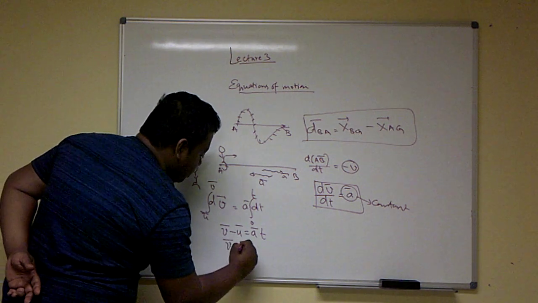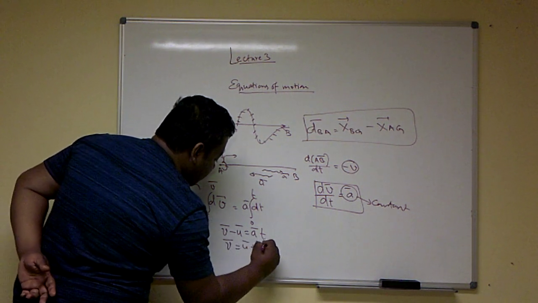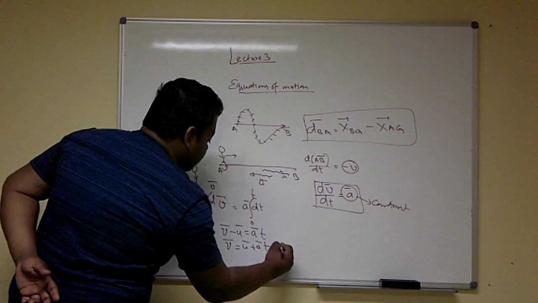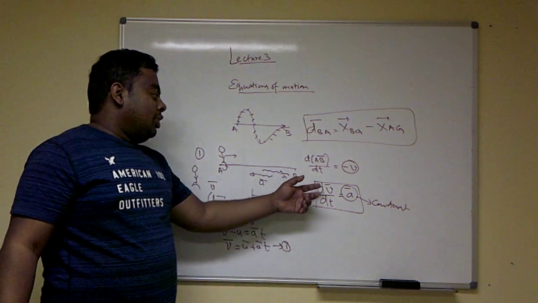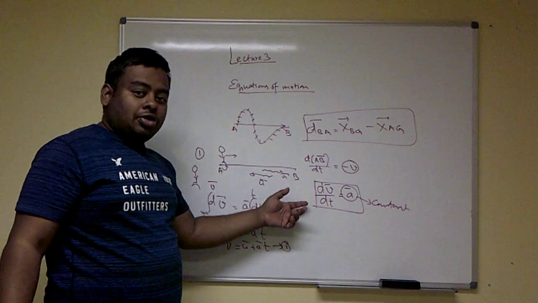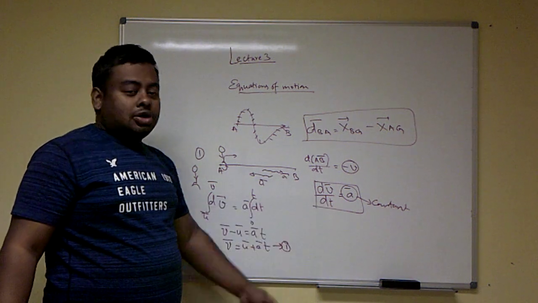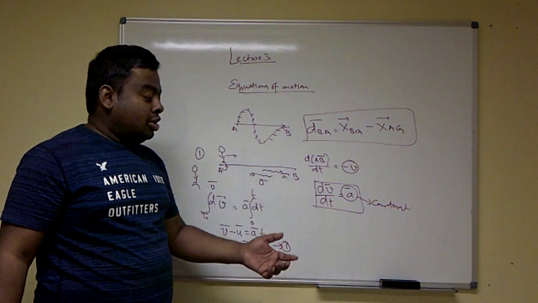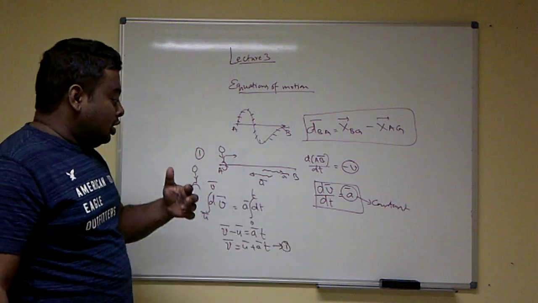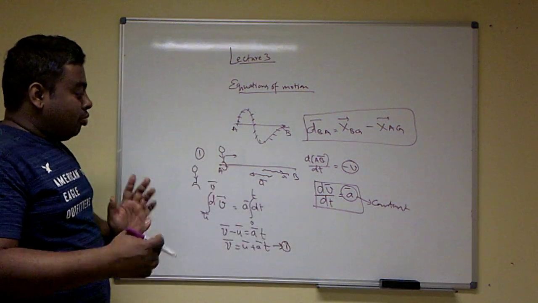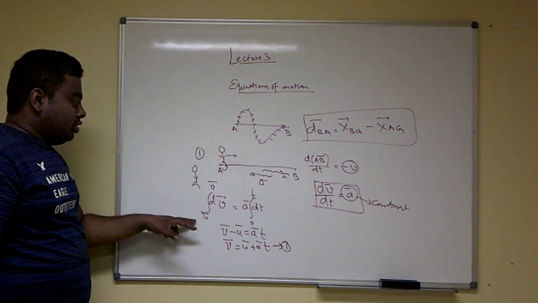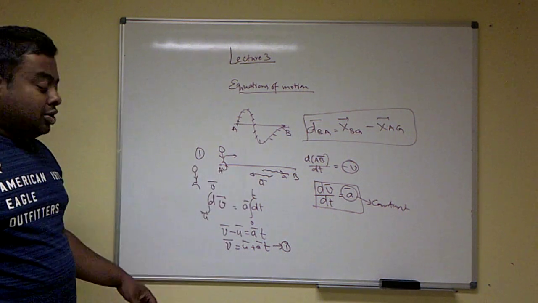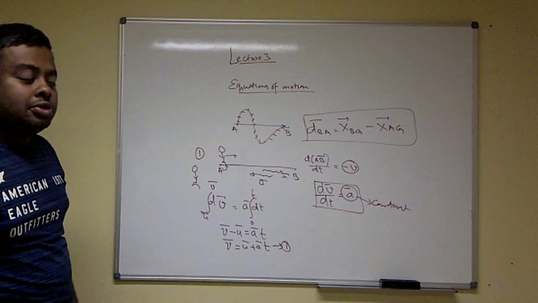You get v vector equals u vector plus a vector times t. So this is my first equation of motion, which is based on the fact that the rate of change of velocity is a constant given by acceleration, and then when you integrate both sides from time 0 to time t and from initial velocity u to final velocity v vector, you get the first equation of motion.